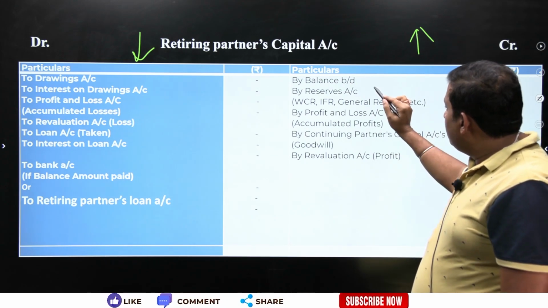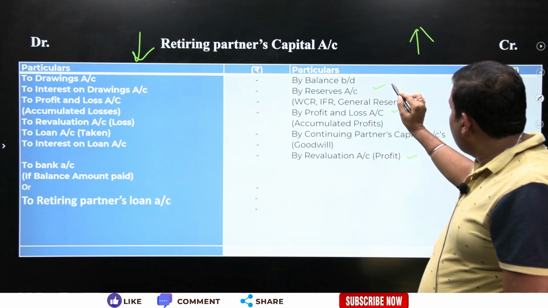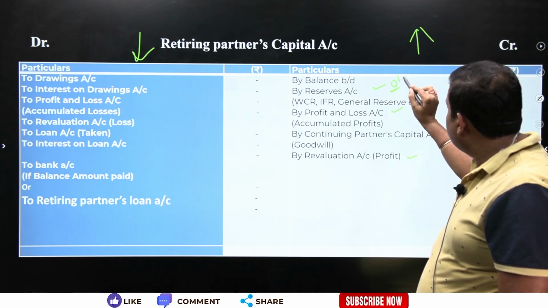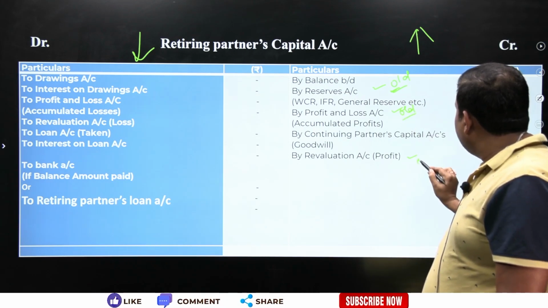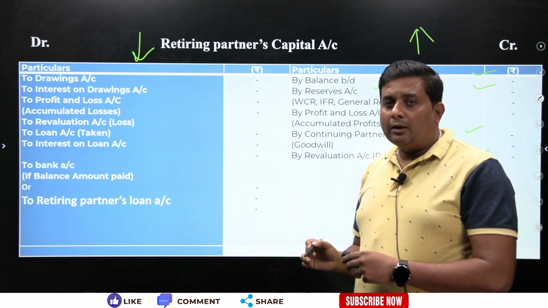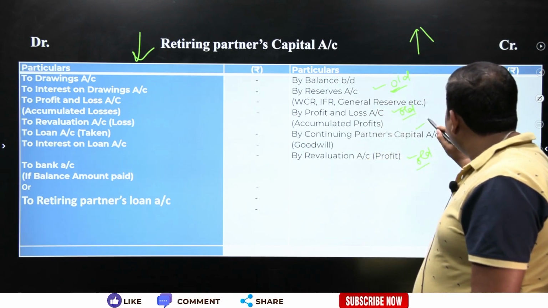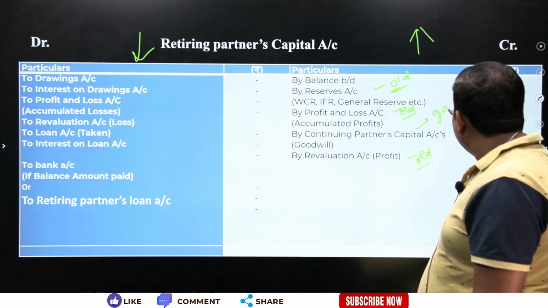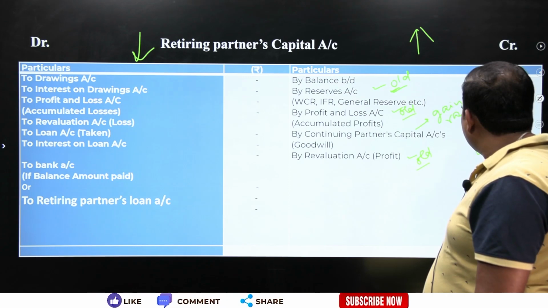As far as the reserves, profit and loss and revaluation profit are concerned, these need to be distributed in the old profit and loss sharing ratio. Everything is distributed between the partners in their old profit and loss sharing ratio except this valued goodwill, because this needs to be distributed or adjusted, you can say, in the gaining ratio.